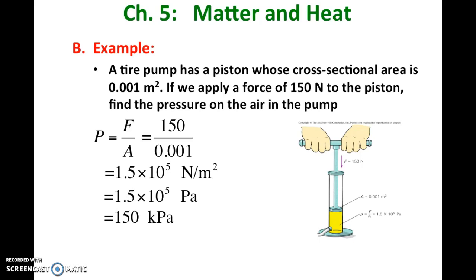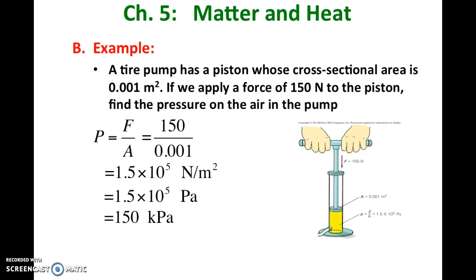From the pressure formula, P equals F over A equals 150 divided by 0.001 equals 150 kPa. That's the pressure on the air in the pump.